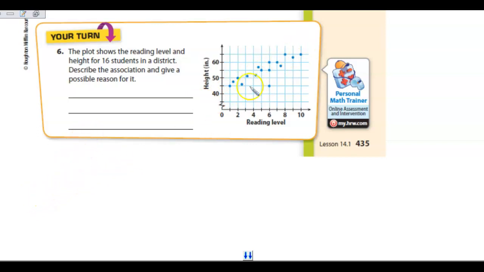And so we said that this is a positive association. And if I were to draw a line through there, those would be pretty close. I would say this is fairly linear.